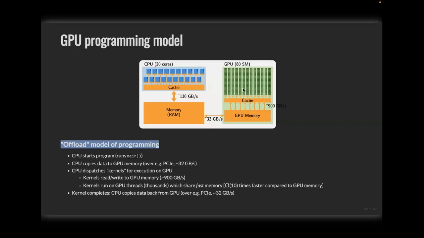That's why it's called an offload model. The GPU runs whatever it does, reading GPU memory. The GPU does not have access to main memory; it only has access to its own memory. So first you copy the data there, then you process the data. When the program is done, you copy the data back from the GPU memory to the CPU, and then you can print it to the screen, put it in a file, whatever you want to do with that data.